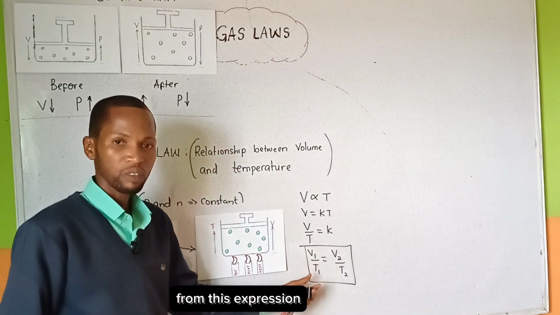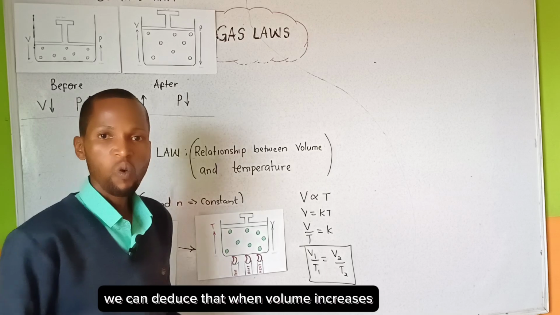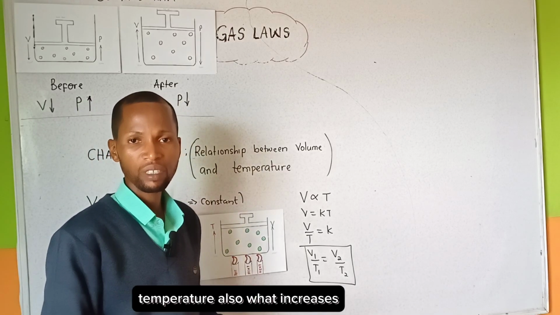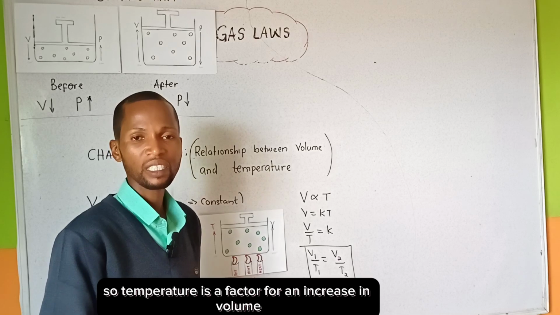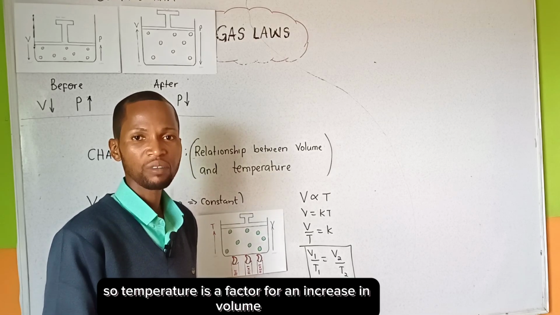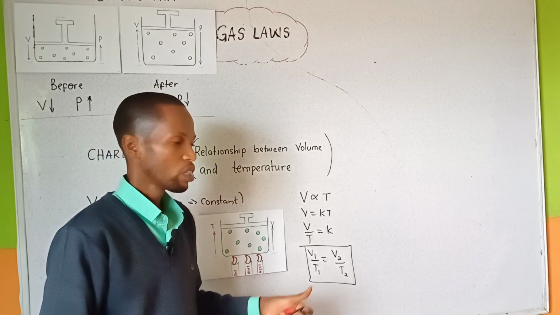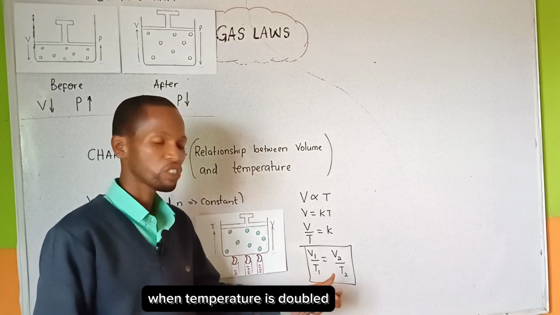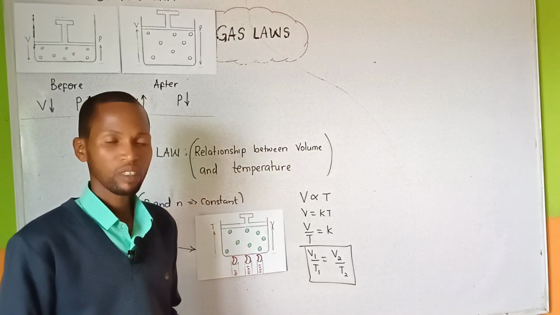From this expression, we can deduce that when volume increases, temperature also what? Increases. So temperature is a factor for an increase in volume. When temperature is doubled, volume is doubled.